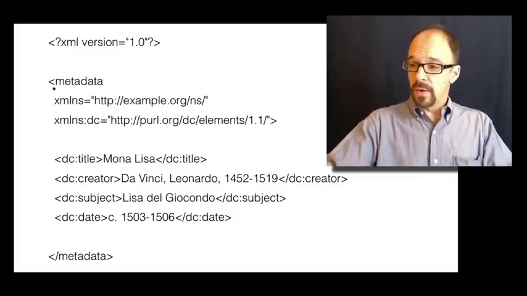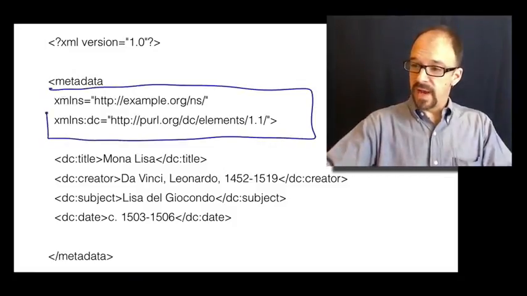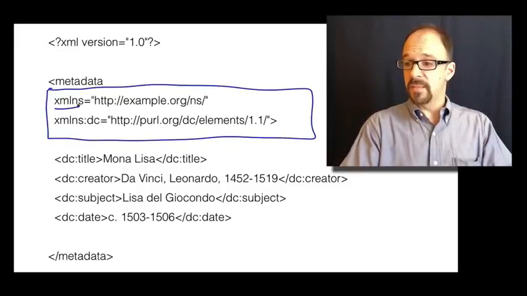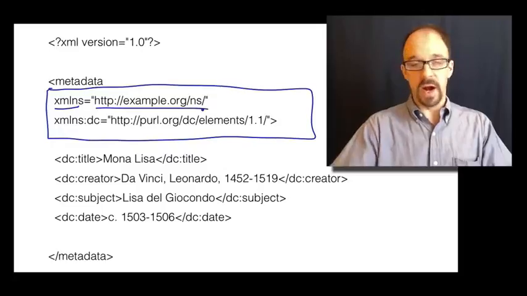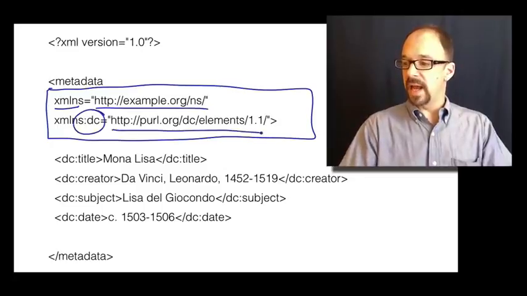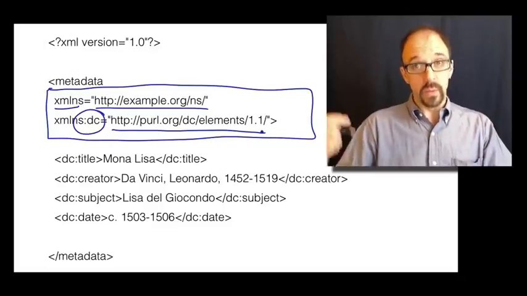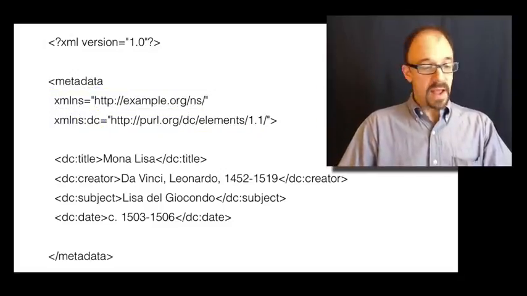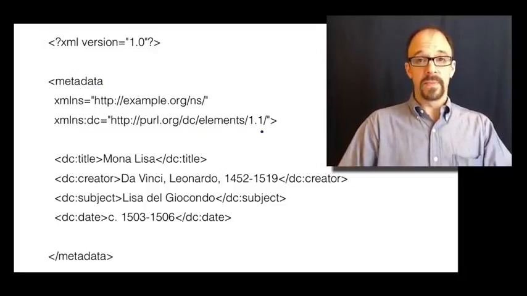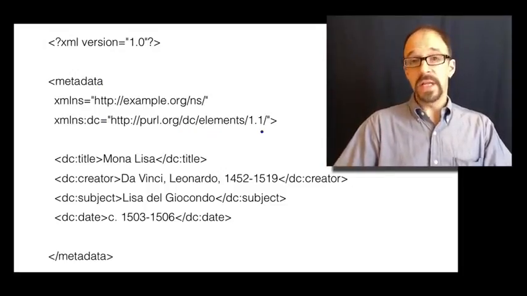Now, at the top, you declare your namespaces. You declare your XML namespace, which here I've just made up an example address. And then the Dublin Core namespace is, again, the metadata terms that we looked at earlier. And finally, we get to the same metadata for the Mona Lisa that we have looked at previously, right?